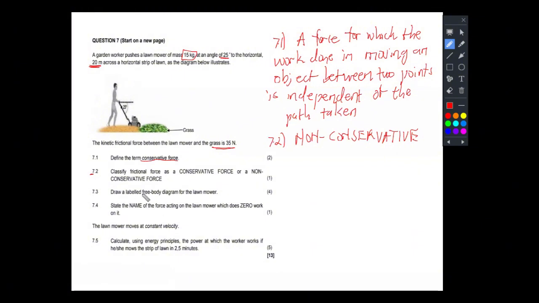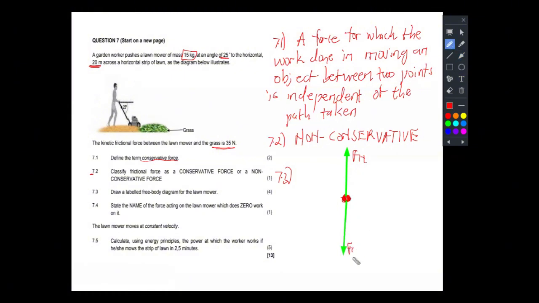Now 7.3 says draw a labelled free body diagram for the lawn mower. So for 4 marks, I'm just going to start by indicating a dot for the object, the lawn mower. Up there we have the normal force, and down here we will obviously have the gravitational force.